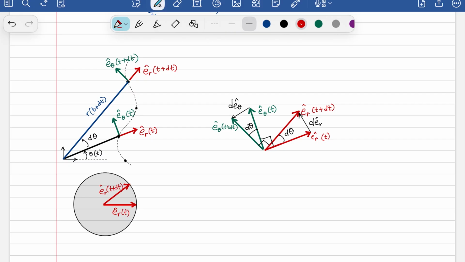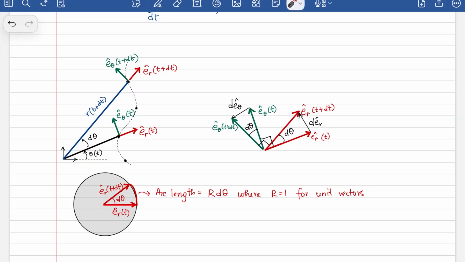I'm saying that this arc length is equal to r d theta, since this angle is d theta, and since it's a unit vector, the arc length here is going to be equal to d theta.